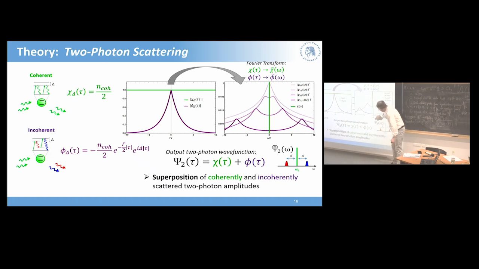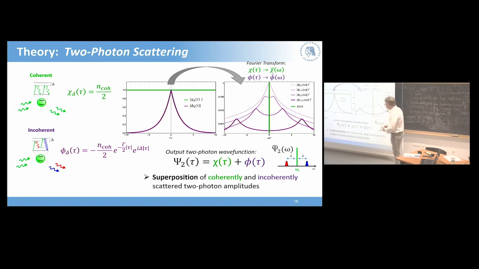The total two-photon wave function, if I Fourier transform it, has a spectrum of three peaks if I'm detuned. This is referred to as the Mollow triplet in the detuned case. Here I have a two-level system which is near-resonantly driven with a detuning delta. Then the light that comes out has this spectrum, where these two correspond to the incoherently scattered component, and this is the coherently scattered component.